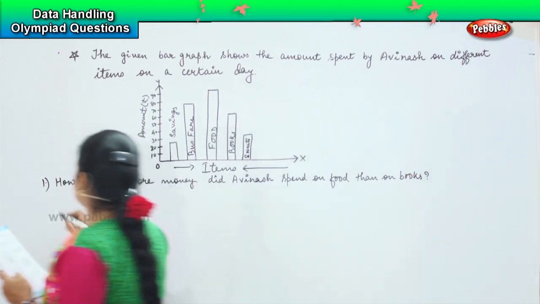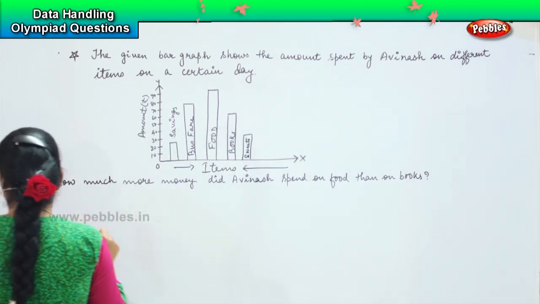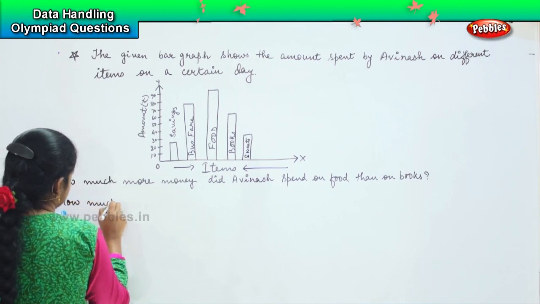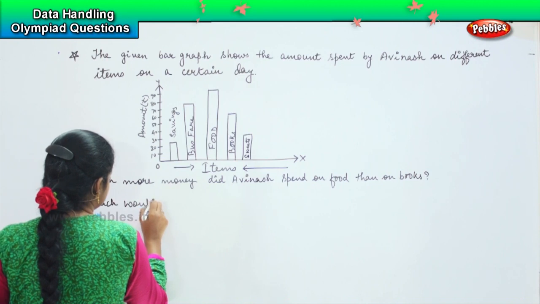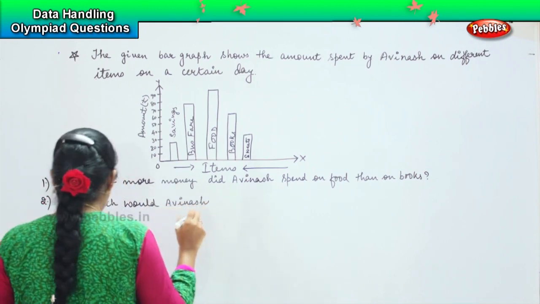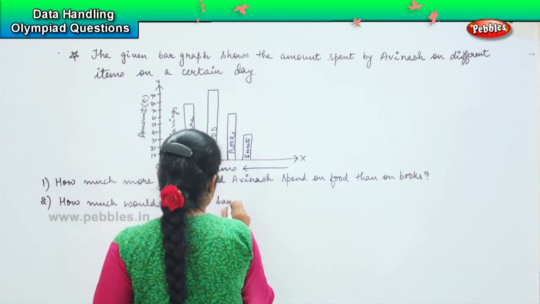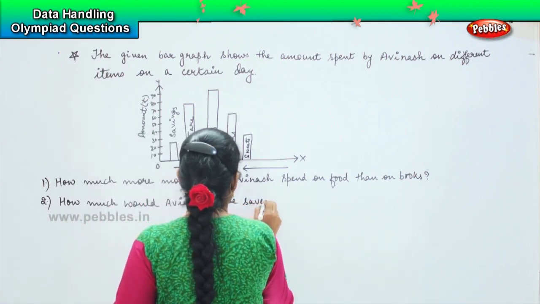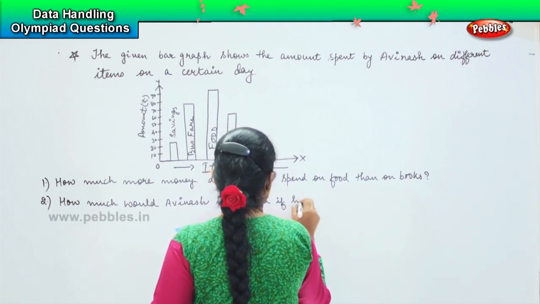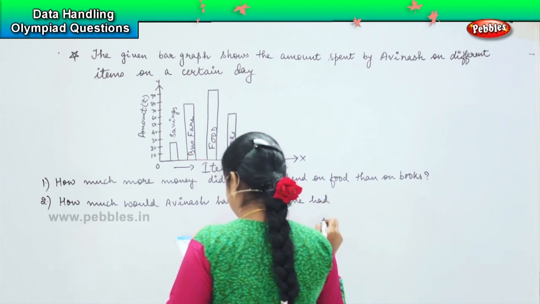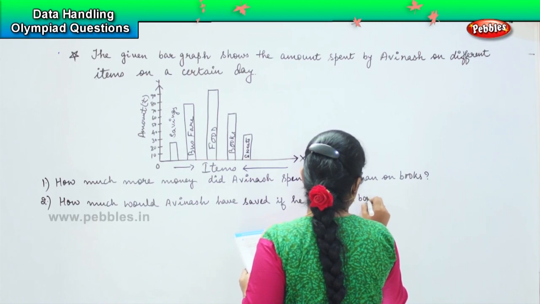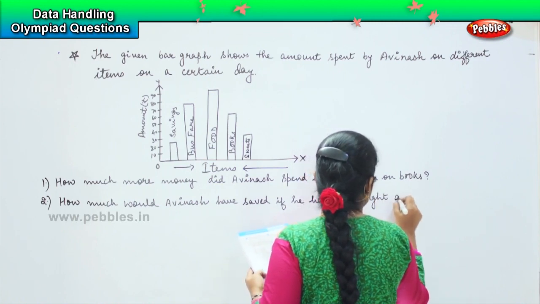The second question, how much would Avinash have saved if he had not bought any sweets?